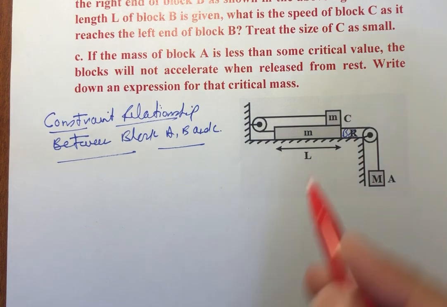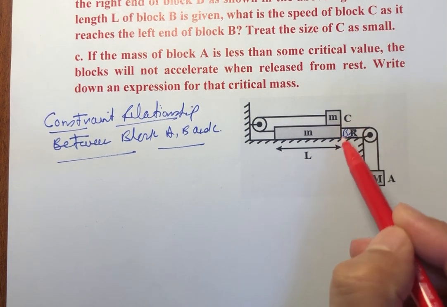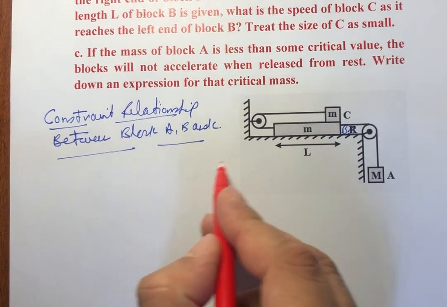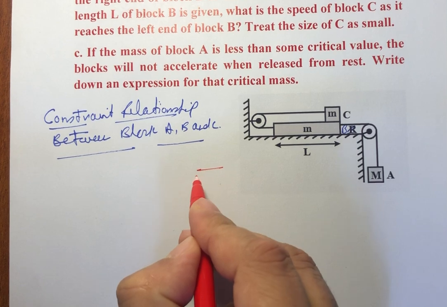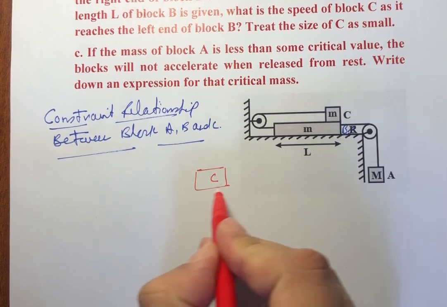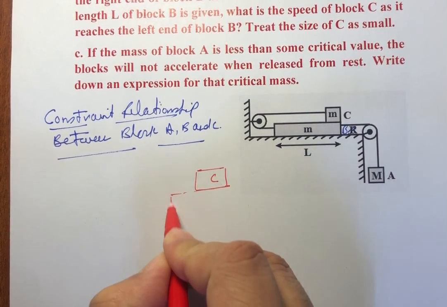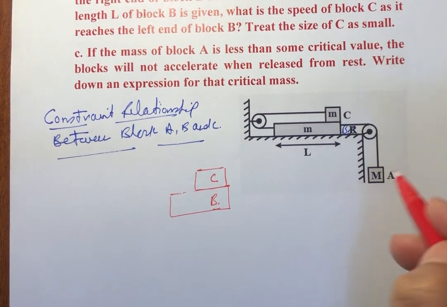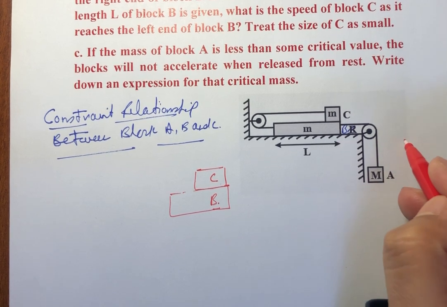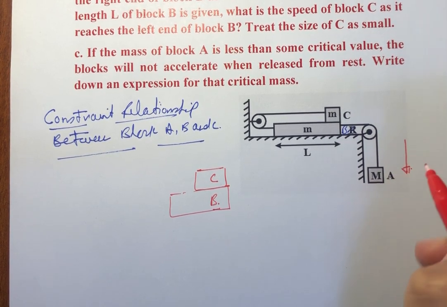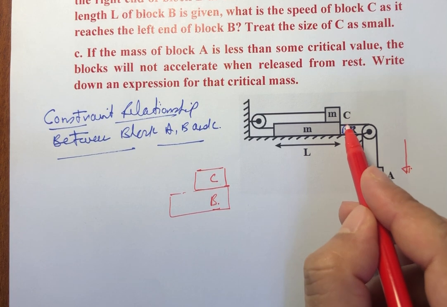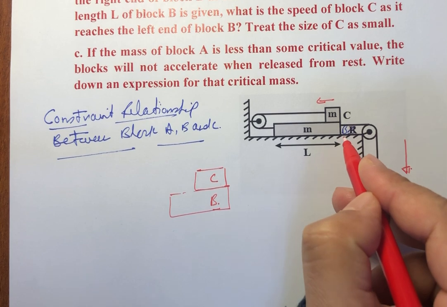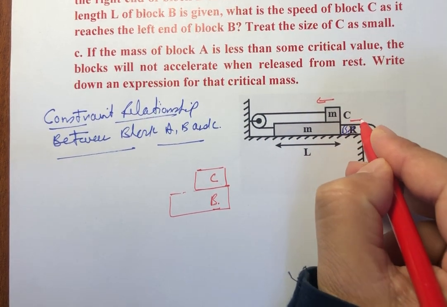As B and C are connected with one single string, let us say we have this block C and this is block B, and we assume that this A block moves in the downward direction, and similarly C moves towards the left side and B moves towards the right side.